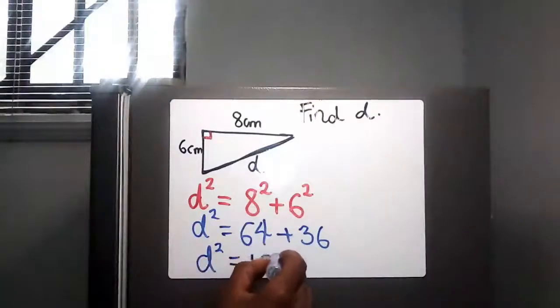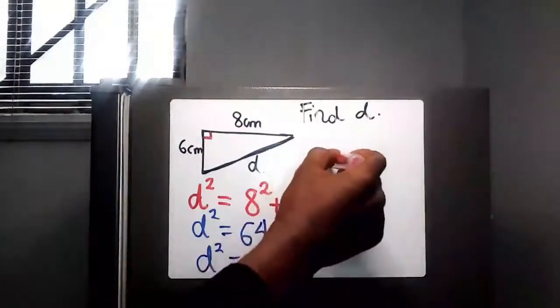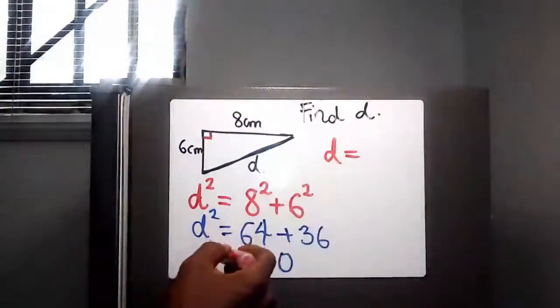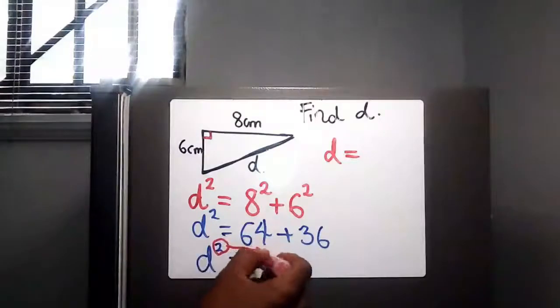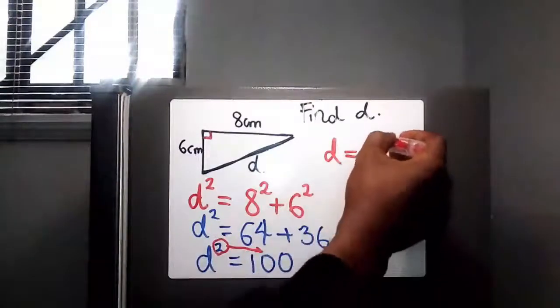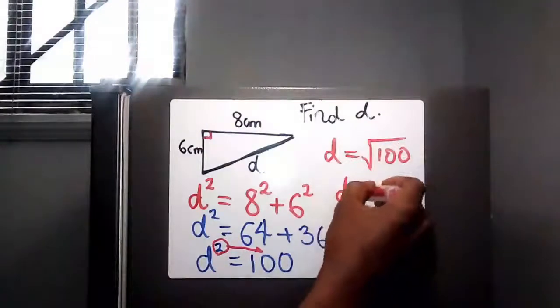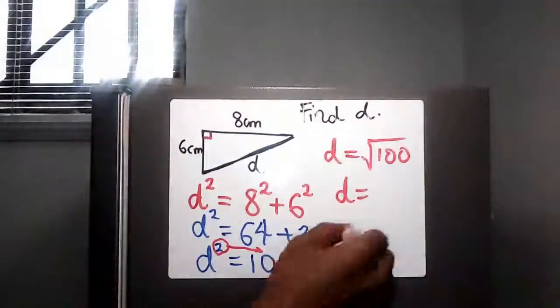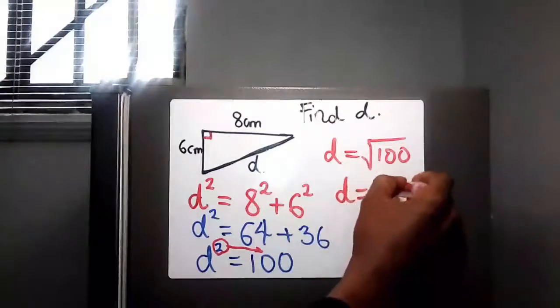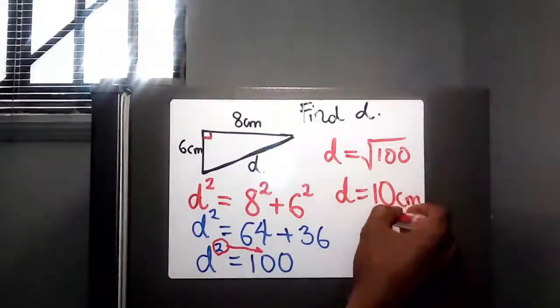Again, here comes that magician. The magician turns the bug to a house for 100. So d equals the square root of 100, which is 10, and then we have cm.